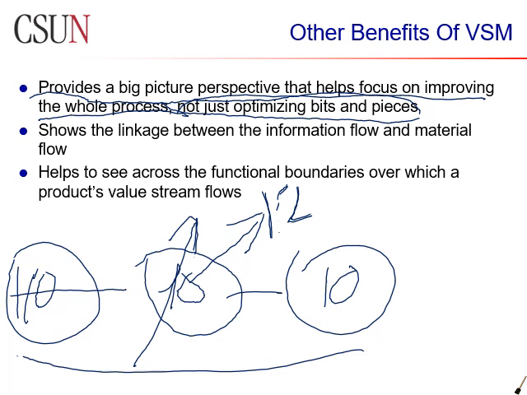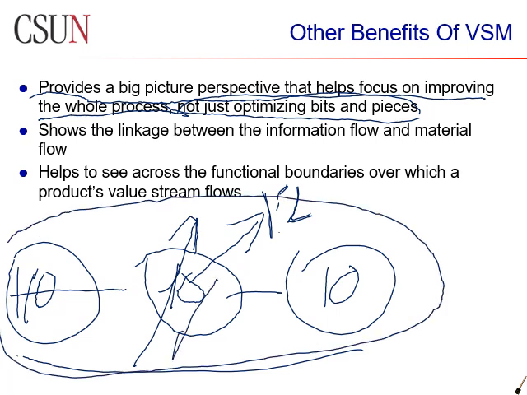It's an optimization for the department or for this member of the supply chain, but it doesn't add anything to the entire supply chain. So this is not a good investment. So when we draw the value stream map, we can get some information about things like that. It shows the linkage between the information flow and the material flow.